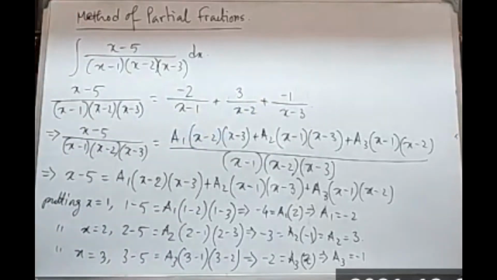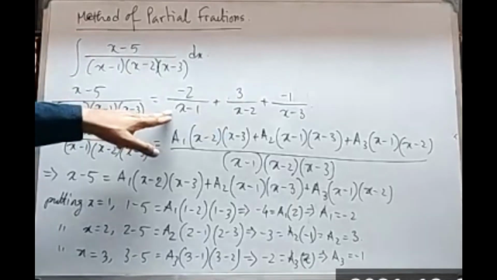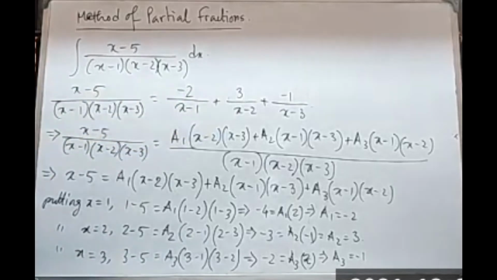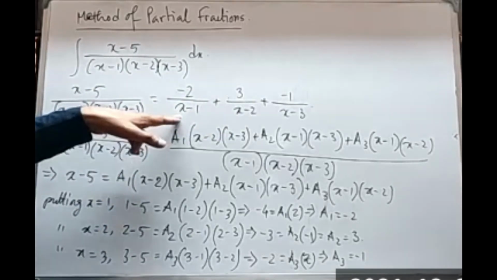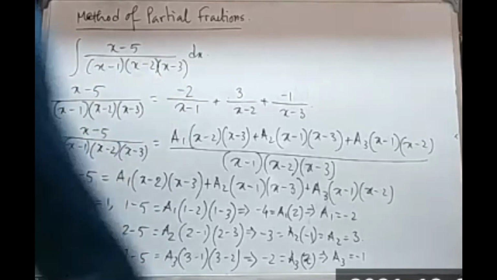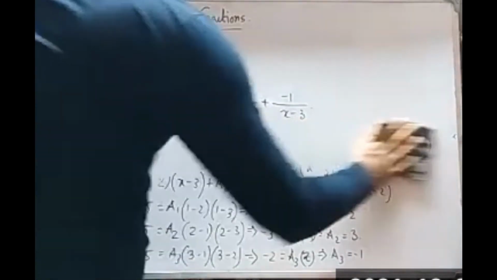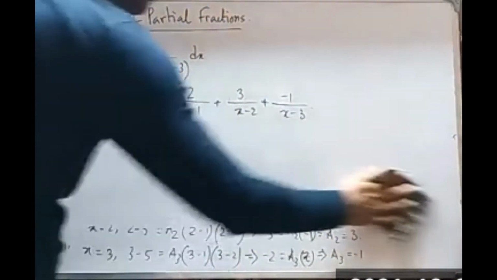Till now no problem. So now see, the expression was so complicated for integrating, but after this we are getting such a simple expression, these three terms. After simplifying the integrand, our task is to integrate both sides.